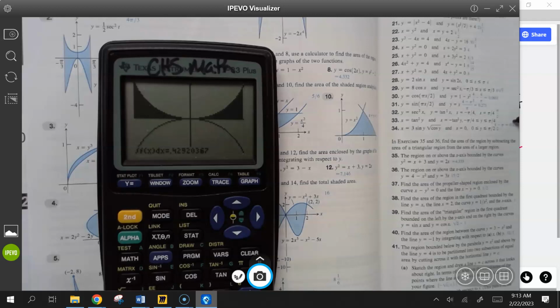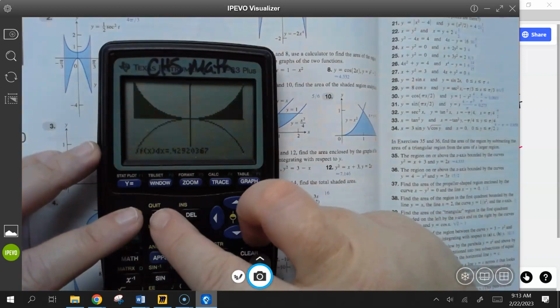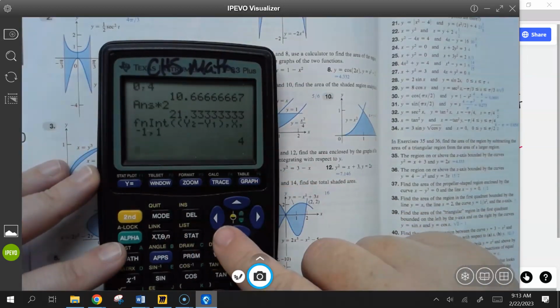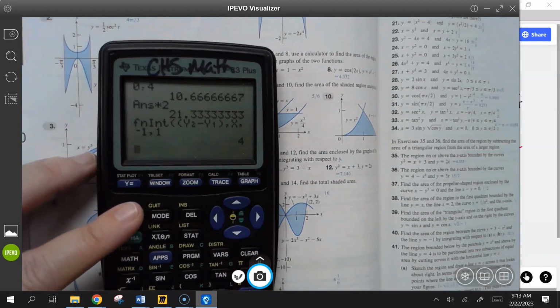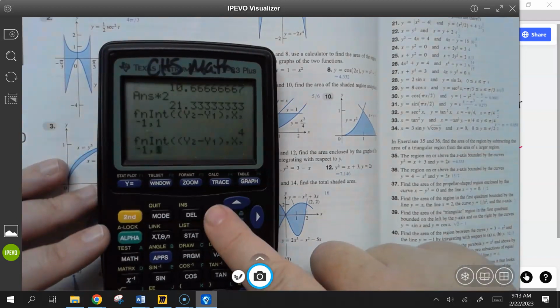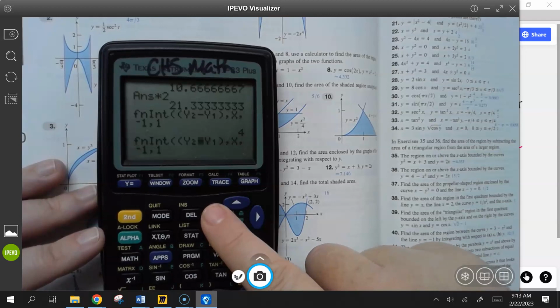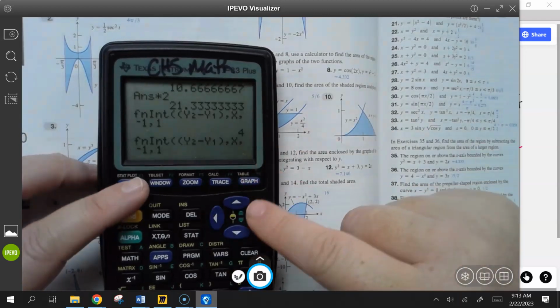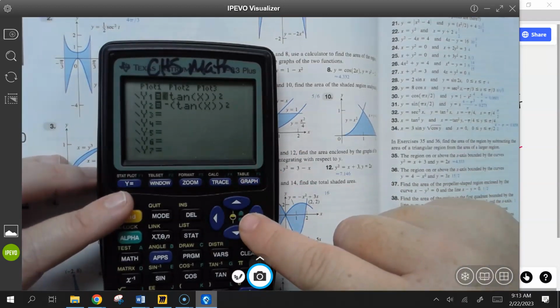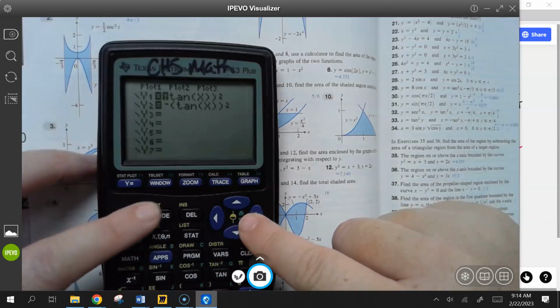If it's a calculator problem, for sure, just take it out at least 3 places. Or you could come out and do like we did before, and you could do, which one's on top? The positive one's on top. It's going to be y1 minus y2.